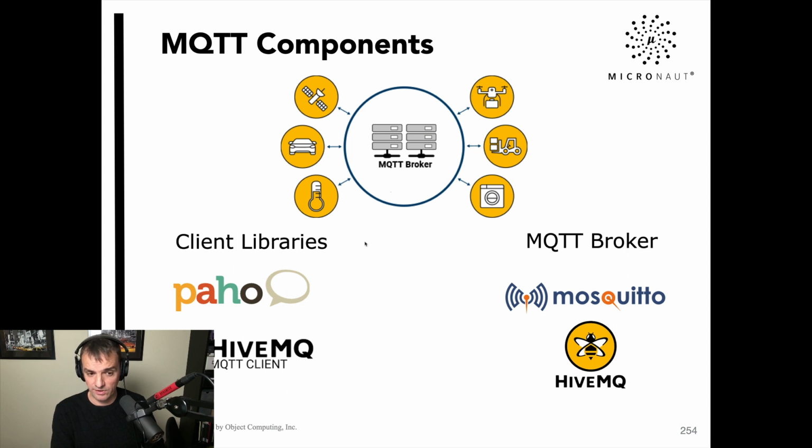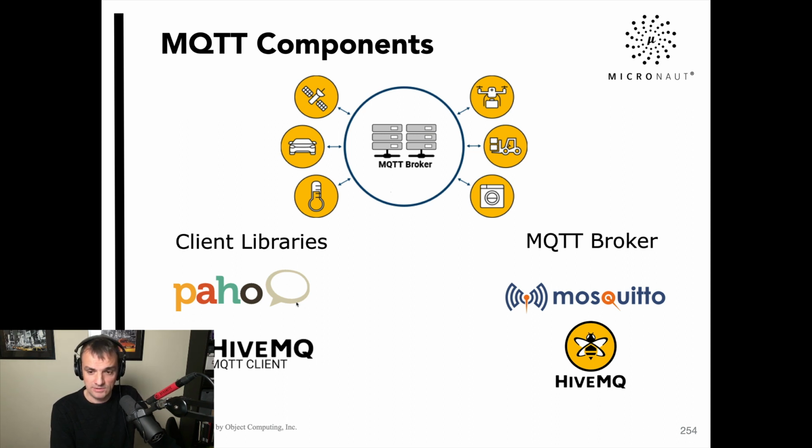You typically work with MQTT client libraries. The Micronaut implementation uses Eclipse Paho. There is another great MQTT Java library, which is HiveMQ. We are not using that in Micronaut, but if the community has interest, it will be great to hear that interest to explore that.